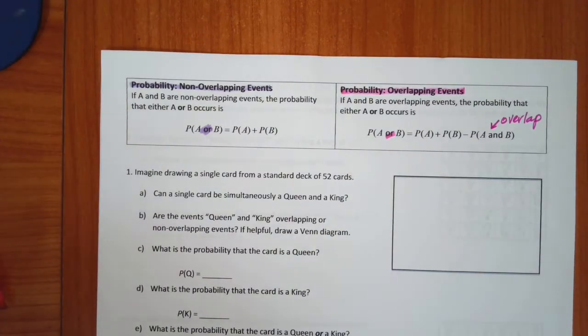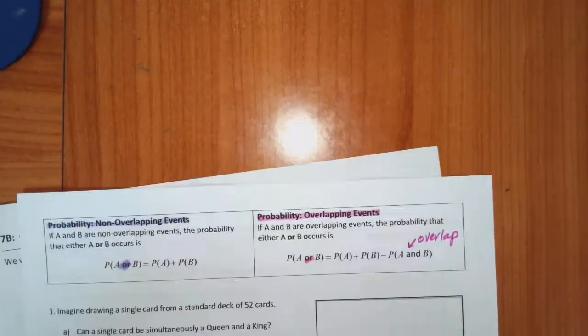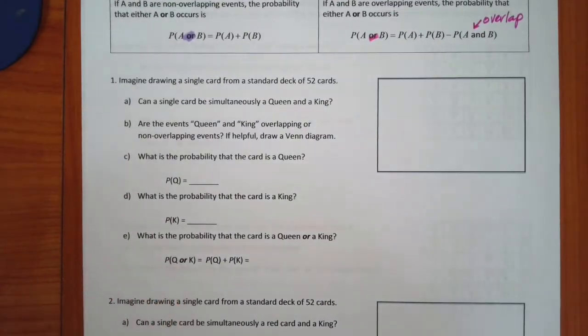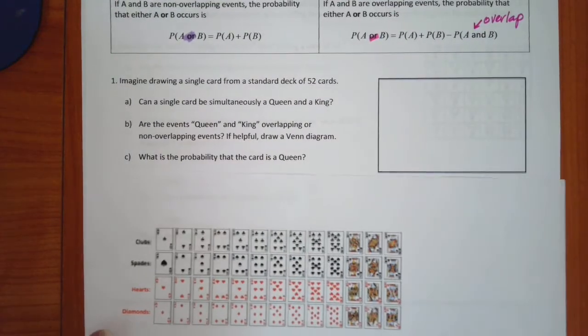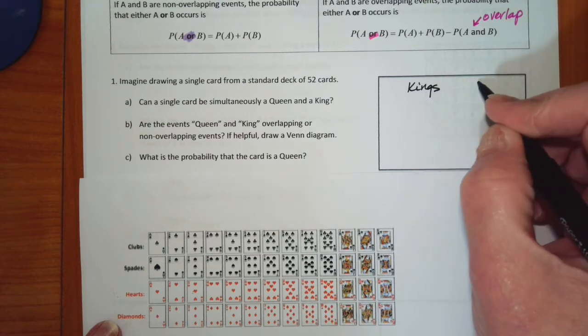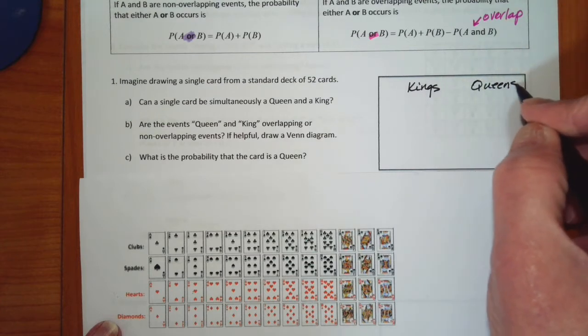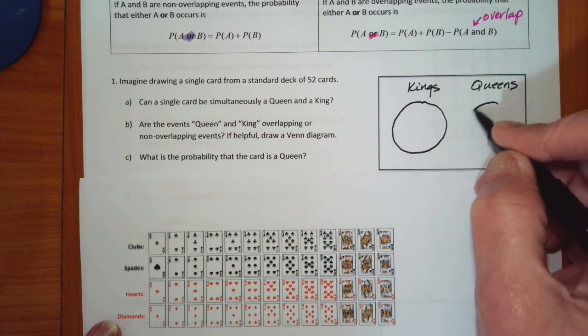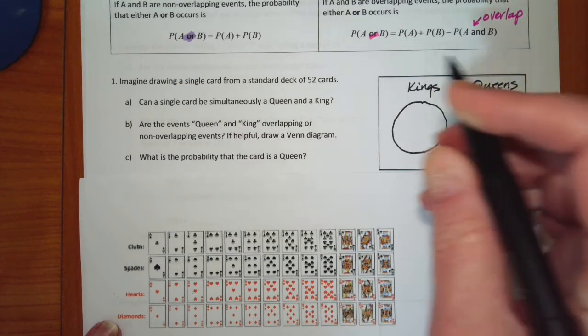Now, as we look at these, we're going to look at them in two ways, and you're going to decide which way works best for you just from a visual standpoint. So we're still looking at a standard deck of 52 cards. Can a single card be a king and a queen? Well, let's see. If we have kings and if we have queens, what you've got here are non-overlapping events.